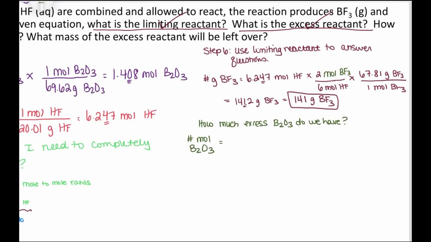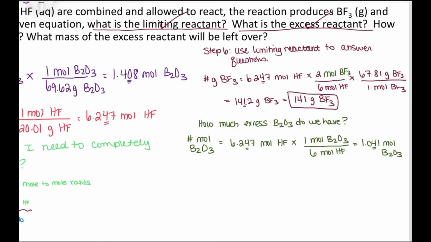So how many moles of B2O3 are needed to completely react the HF? If I've got 6.247 moles of HF, on my balanced equation I know that I have 1 mole of B2O3 reacting for every 6 moles of HF that are reacting. This gives me an answer of 1.041 moles of B2O3.